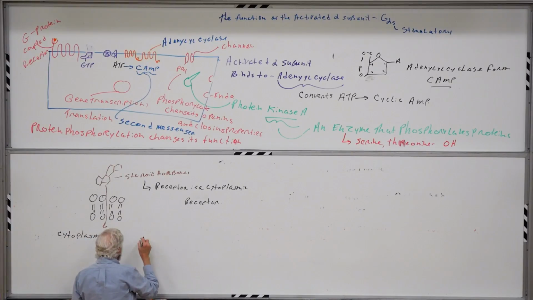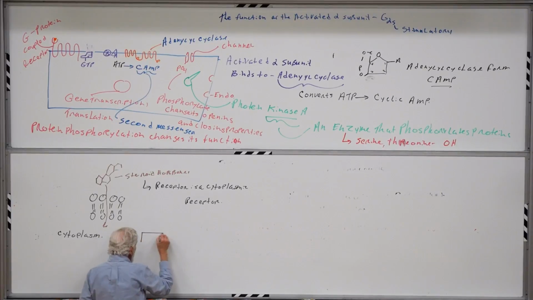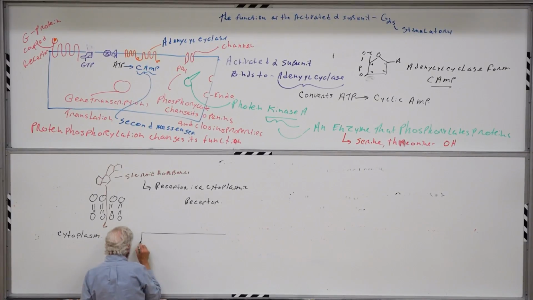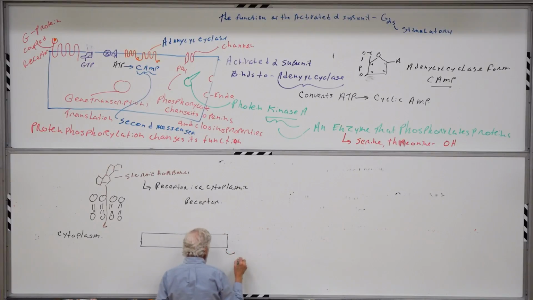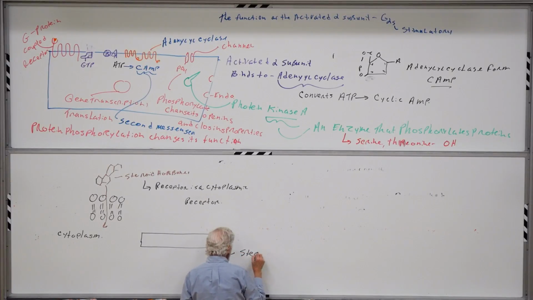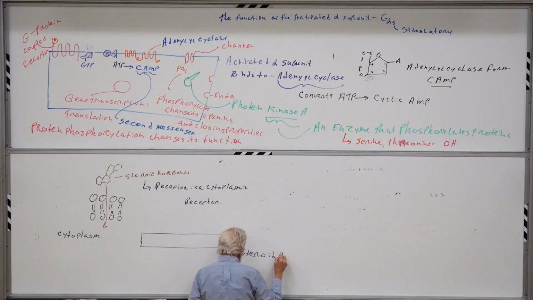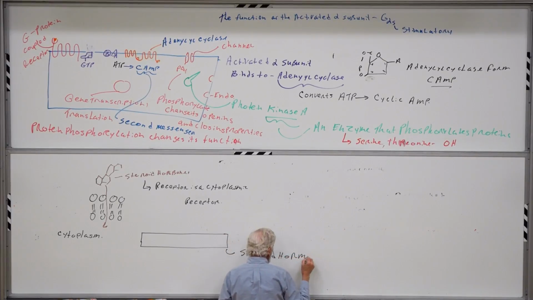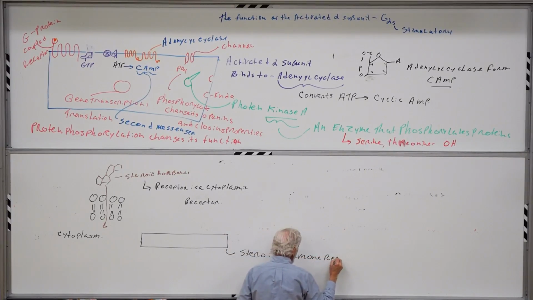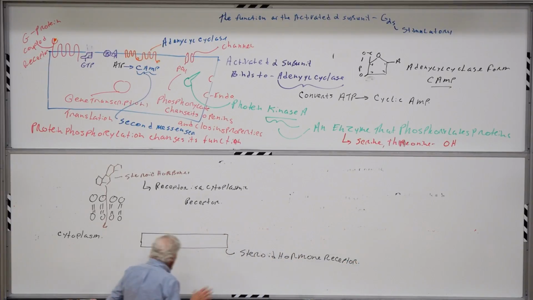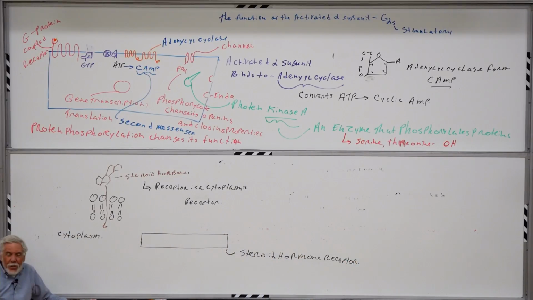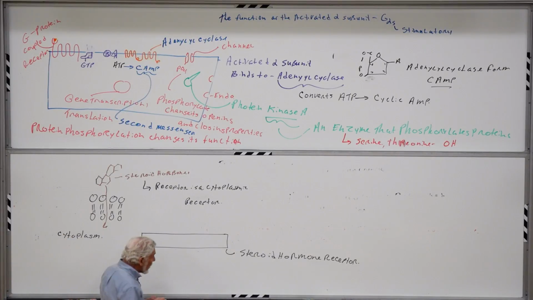Now, I'm going to simplify this a whole bunch. And this structure here is meant to be a steroid hormone receptor. Now, the thyroid hormone receptors are a little different because they're in the nucleus, but for our purposes, we're going to summarize them as being the same.